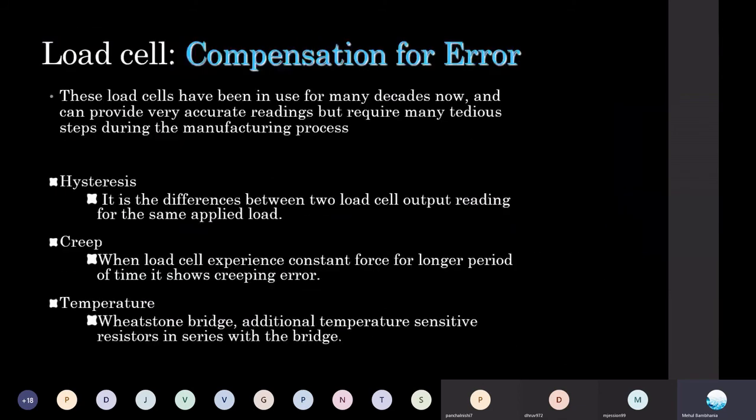But during that process there are certain issues. See, this load cell has been used widely for so many years now, and it will provide accurate readings, but it requires many tedious steps or processes during the manufacturing time.